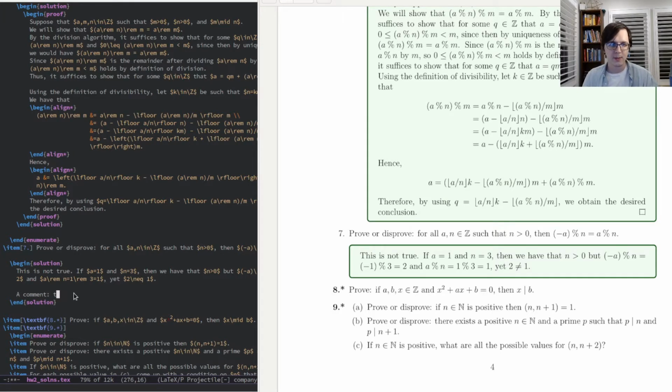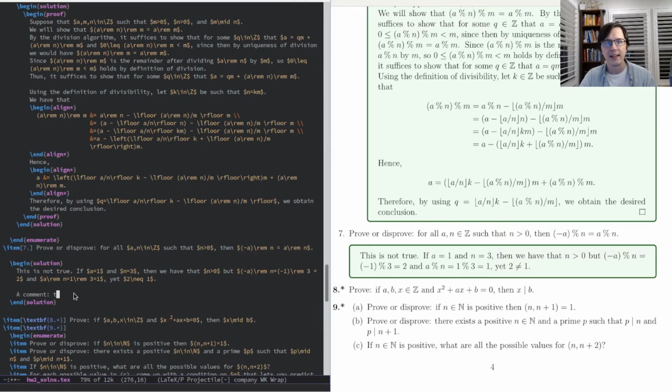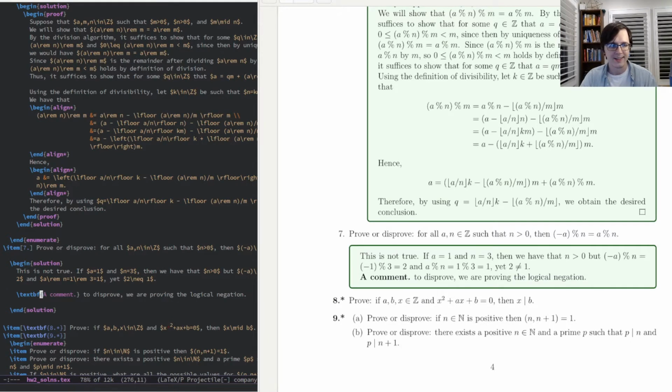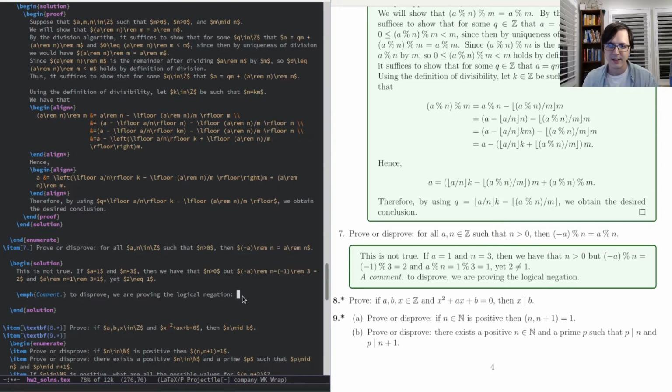So just a comment. To disprove it, what we're actually doing is proving the logical negation. Let's emphasize it, italicize. So what is that logical negation?